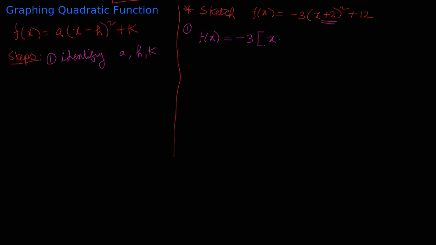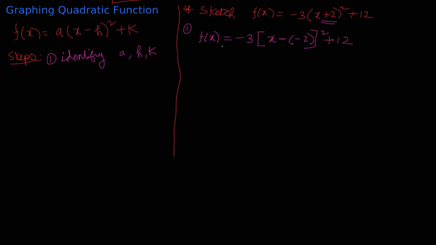If I rewrite x + 2 as x - (-2), I essentially get minus multiplied by -2 is +2, and then the whole thing squared plus 12.